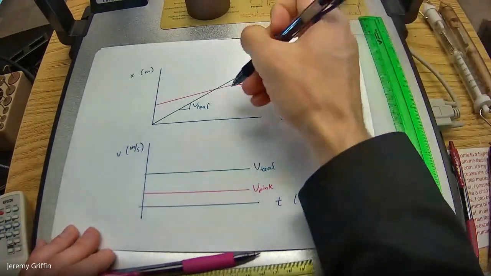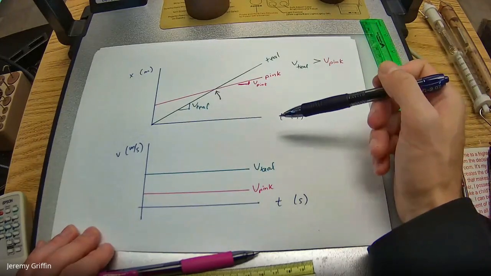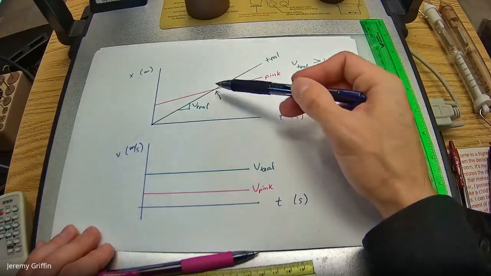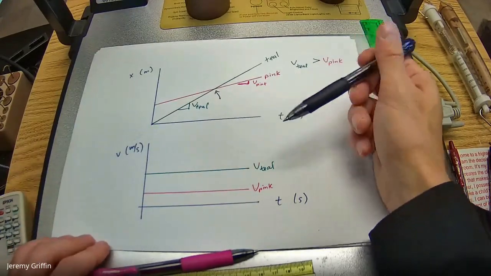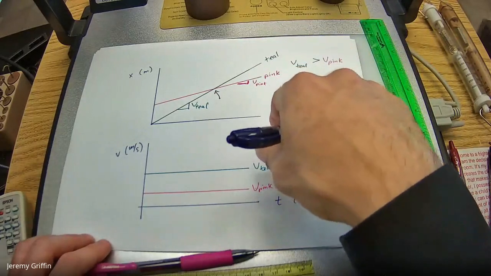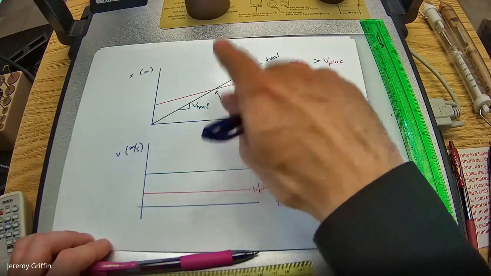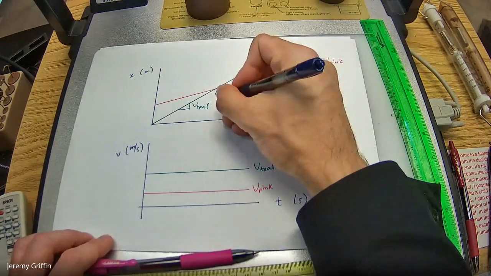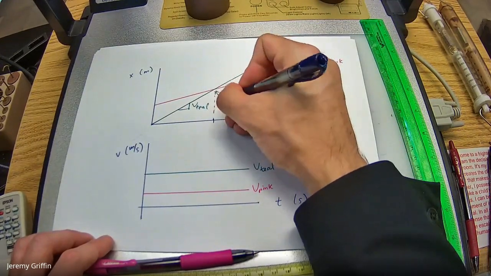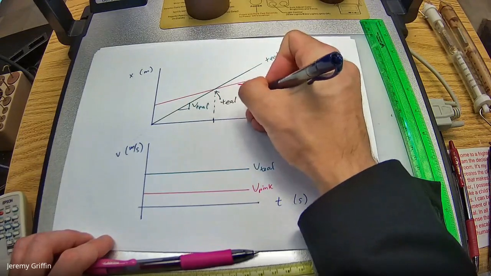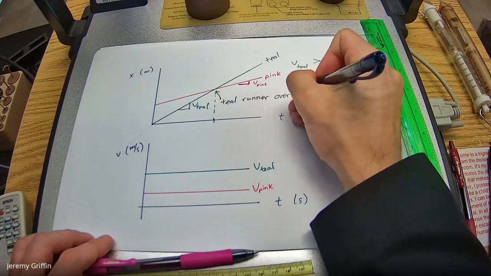What's going on right here? Yeah, they intersect. What's physically going on is that maybe the two runners would be side by side. Well, this would be the corresponding time. Okay, so the teal runner overtakes the pink runner.